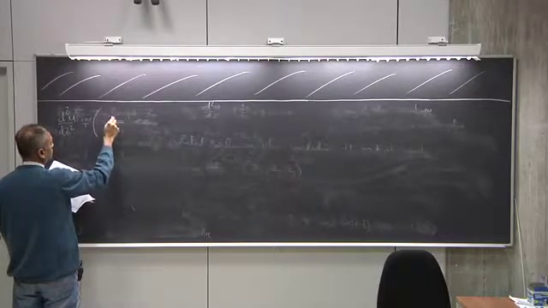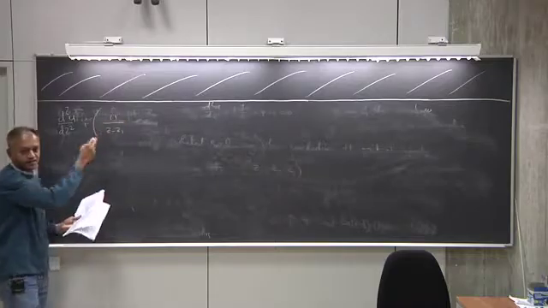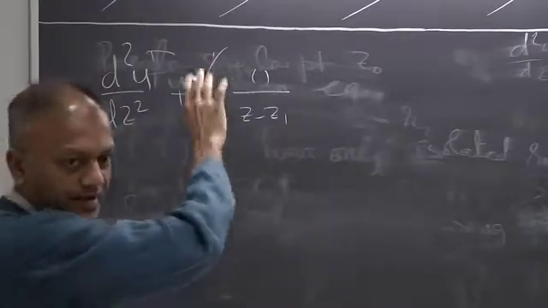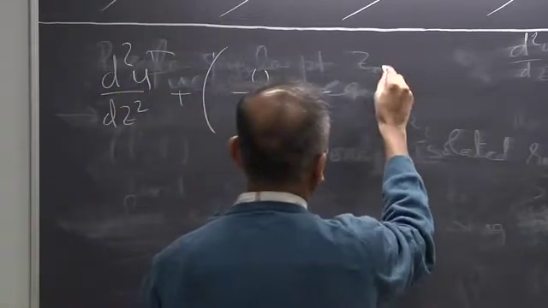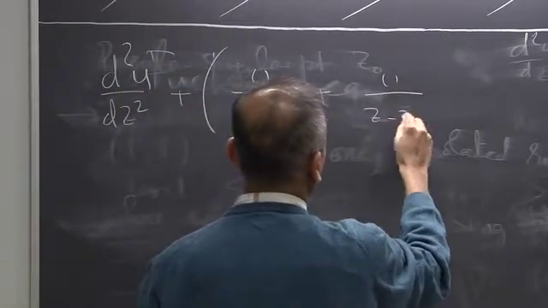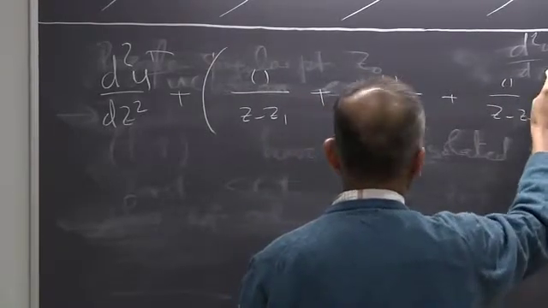This is a constant. I will parameterize this constant in a convenient way, but at the moment it's just some constant, plus another constant divided by z minus z2 plus another constant divided by z minus z3.